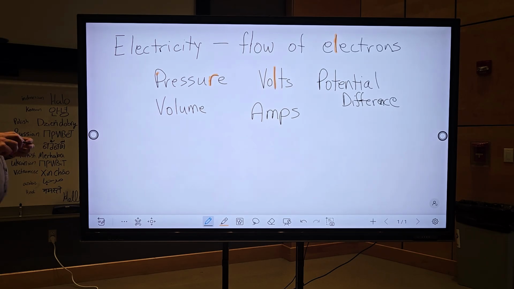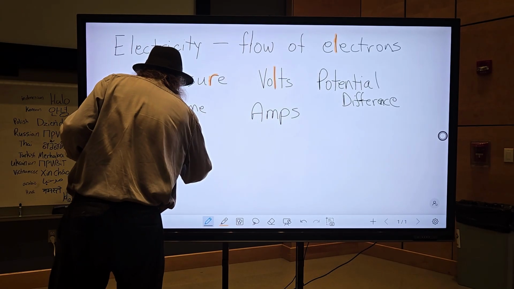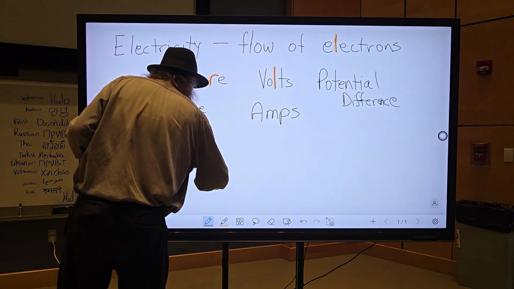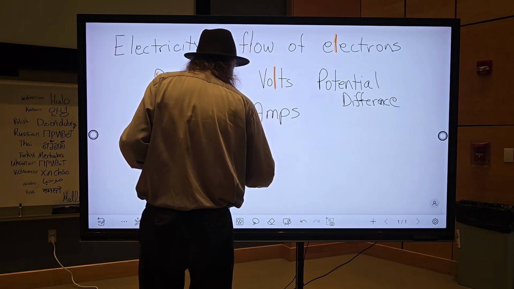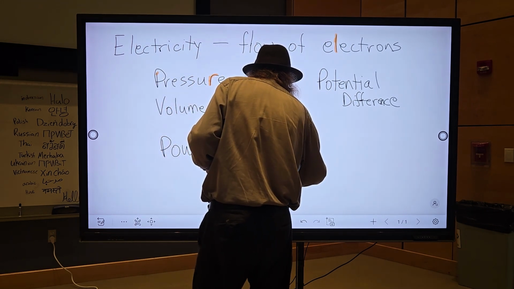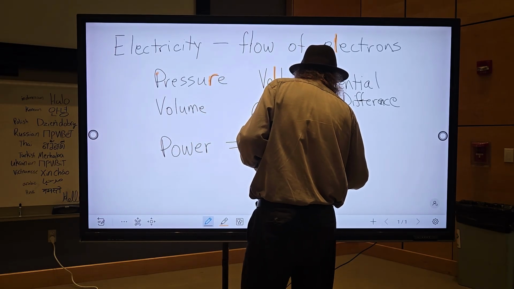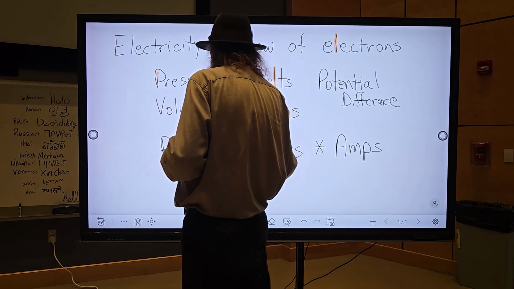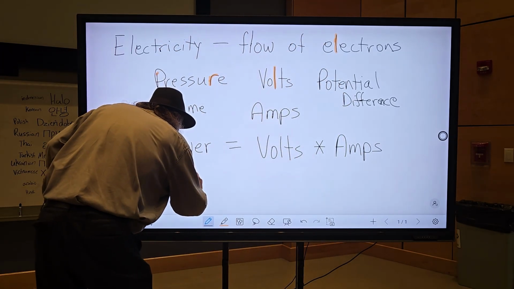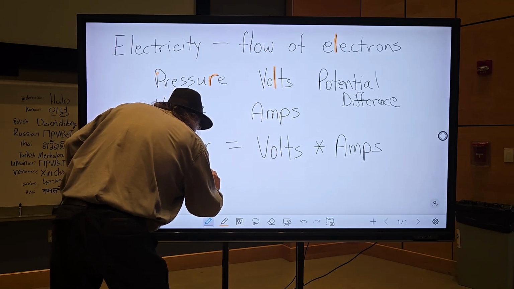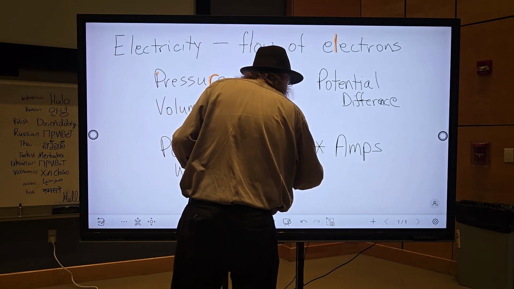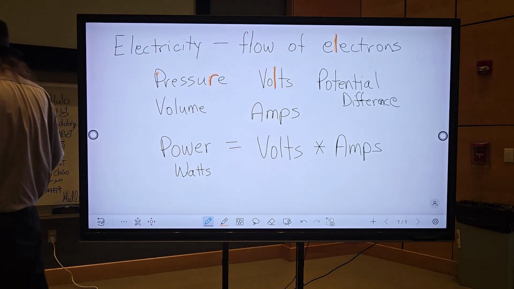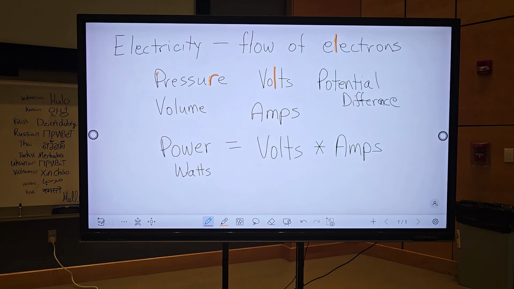So as you might imagine, power is equal to volts times amps, and this is measured in watts. So a high power circuit will have a high voltage and a high amperage.